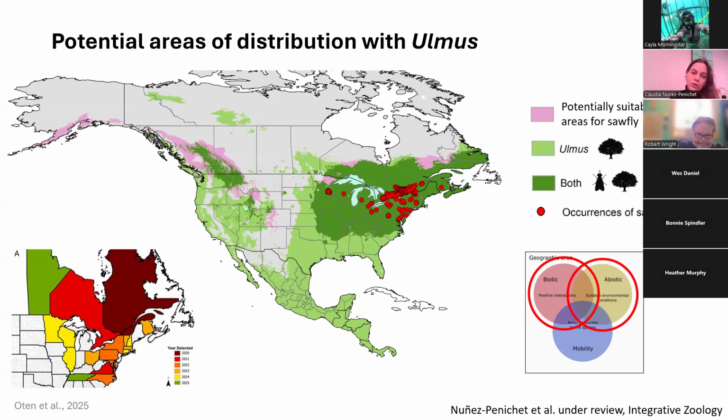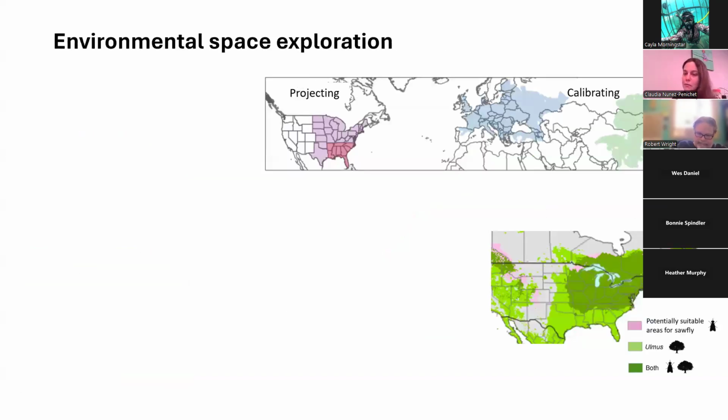I also wanted to show you an exploration of how the environments of these different locations look. Here, these are the maps that I showed you before, here on the corner. And on the top, I'm showing you the calibration area in Eastern Asia in green, the invaded area in Europe in blue, and I'm dividing North America, representing the central eastern United States and the southeastern United States in pink.